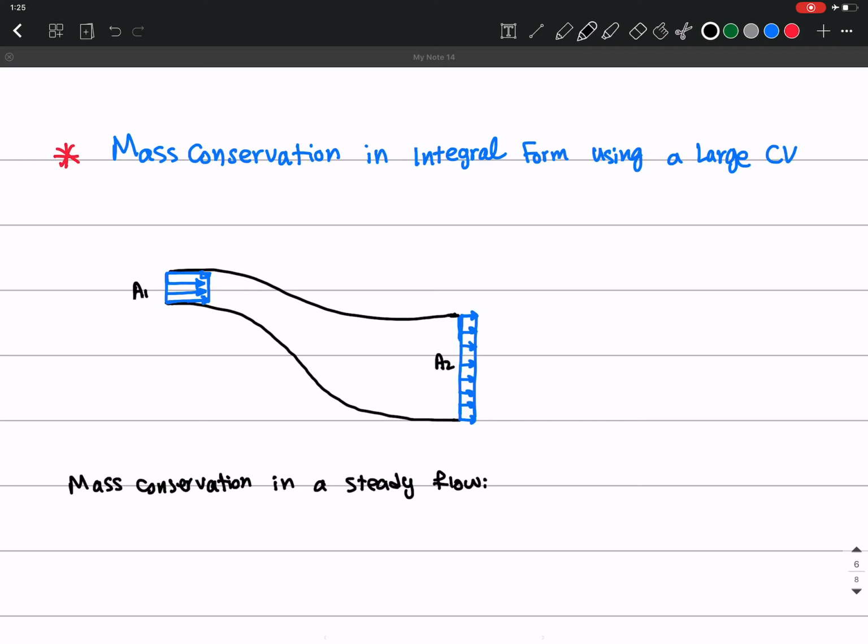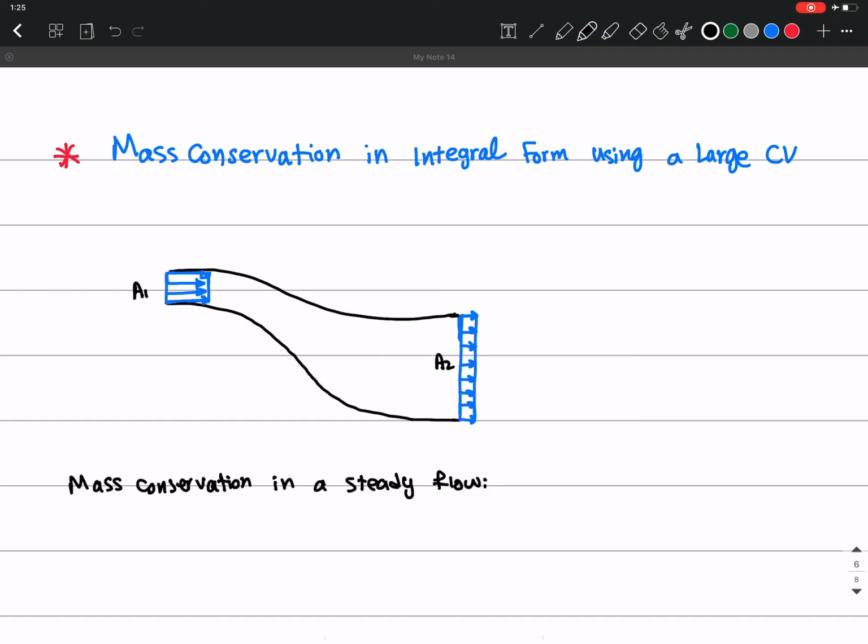This is the mass conservation principle for this steady flow. But in order to write that, it's easier for us to use a large CV and write this mass conservation in terms of a large CV. That is an Eulerian approach, right? Where we have this field description.